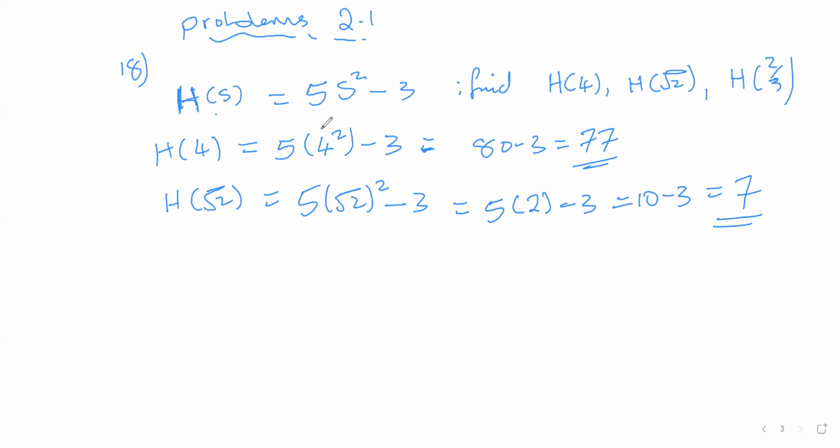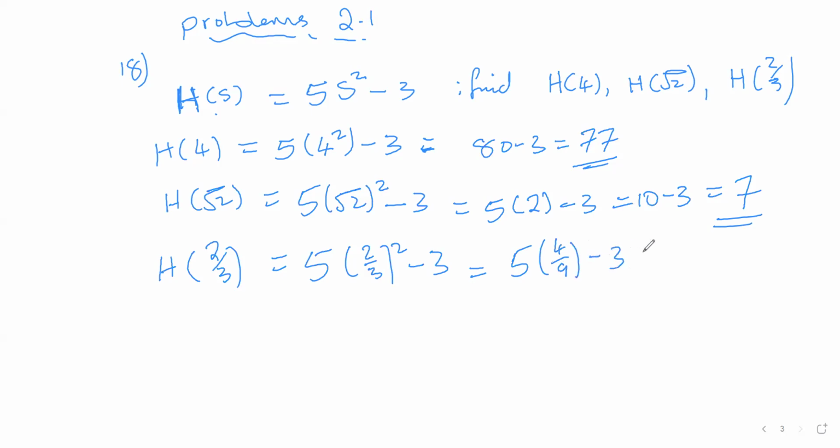Then h of 2 over 3 will then be, replace s with 2 over 3 squared minus 3, which is 5 times 4 over 9 minus 3, which is 20 over 9 minus 3, basically.